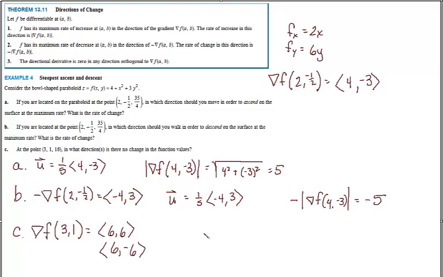Finding those unit vectors, computing the magnitude, I will get 1 over the square root of 2 times 1, 1, and this other unit vector would be 1 over the square root of 2 times 1, negative 1.